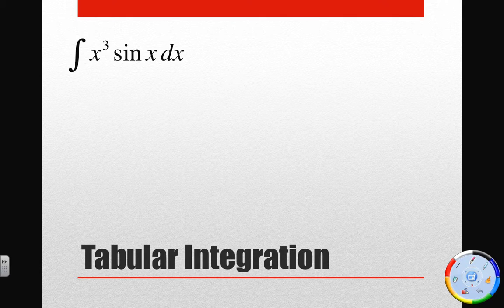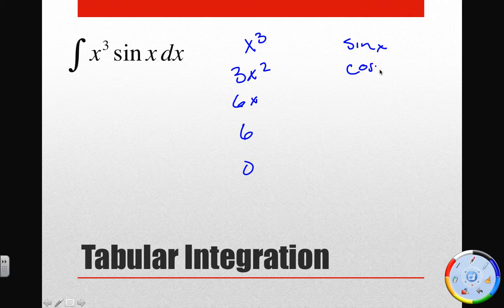The other one that I had here was x cubed and sine of x. If I just go down this process in my tabular version, I get 3x squared, 6x, 6, and 0. Then sine x, cosine x, or sorry, negative cosine x, because we're taking the integral on the other side.